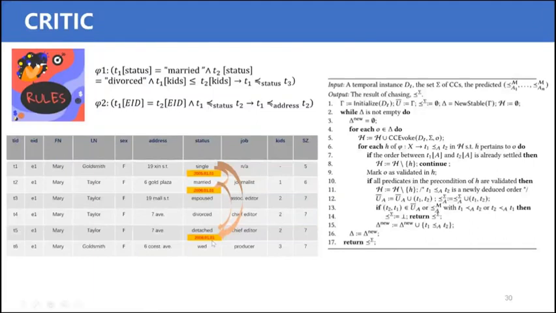Okay, now in the critic part, the input is a temporal instance Dt, a set of pre-discovered CC rules, and the time orders predicted by the creator, and the output is the more time orders deduced by the critic part. We'll have an example. There are two CC rules, and the yellow regions are the existing timestamps.